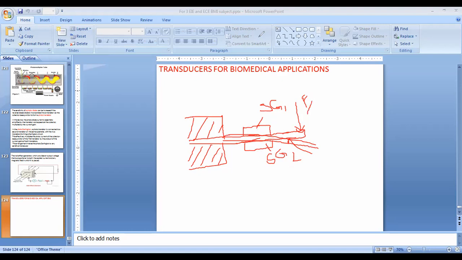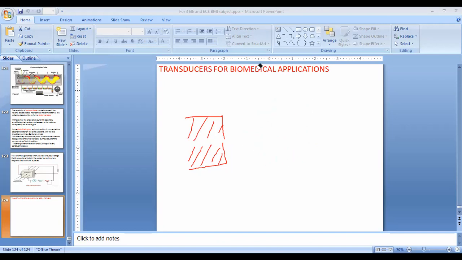Similarly, we have this, which we can call a force summing element. This force summing element is connected to the LVDT.